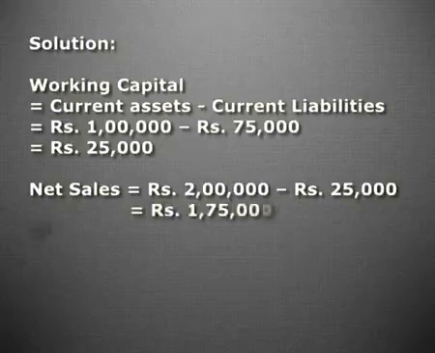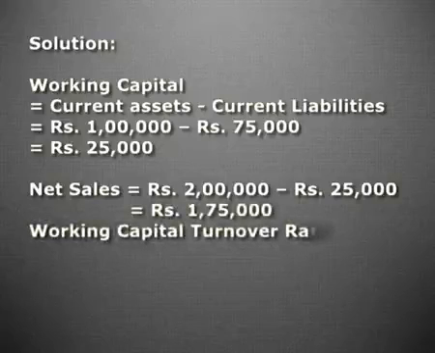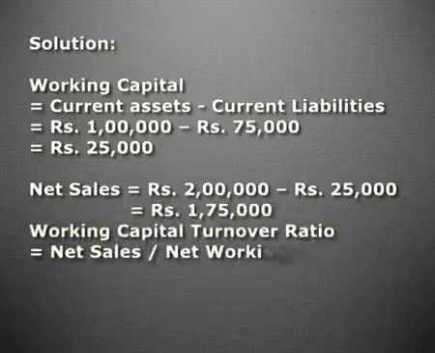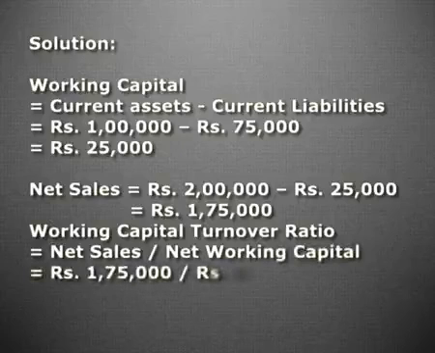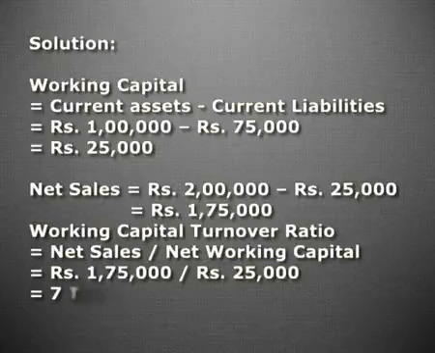Net sales is equal to rupees 2 lakh minus rupees 25,000 is equal to rupees 1,75,000. Working capital turnover ratio is equal to net sales divided by net working capital is equal to rupees 1,75,000 divided by rupees 25,000 is equal to 7 times.